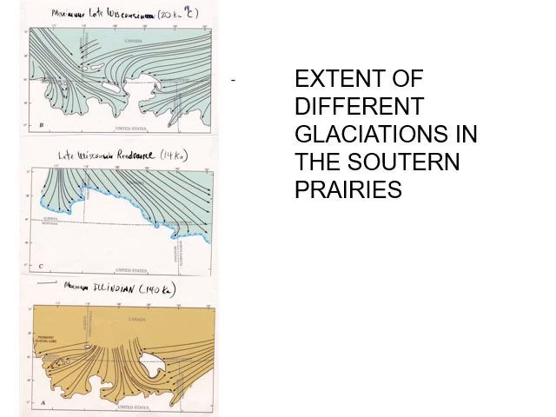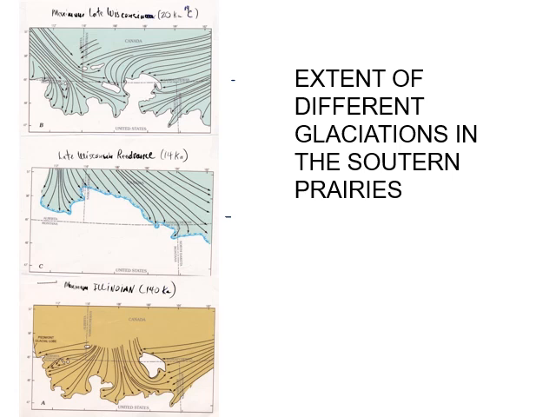Then the ice sheet melted back and had a bit of a stillstand and a re-advance about 14,000 years ago before it really started to deglaciate and melt back to the little puny ice caps that are still left on, for example, Bylot Island and Devon Island.